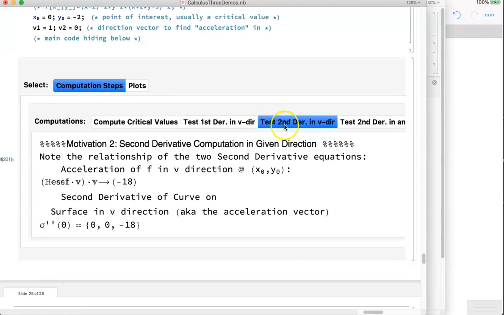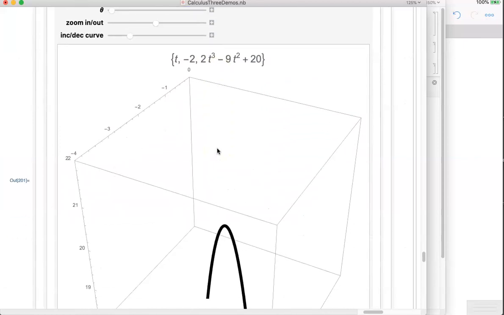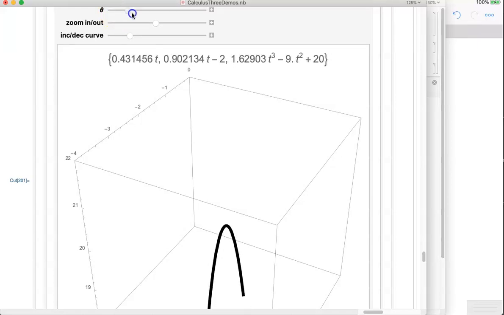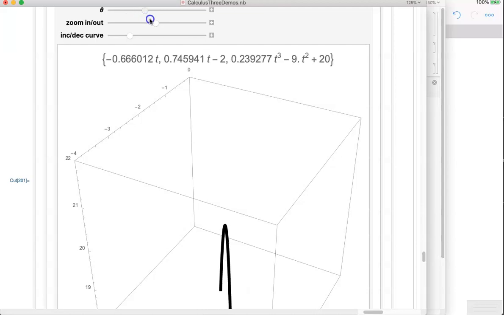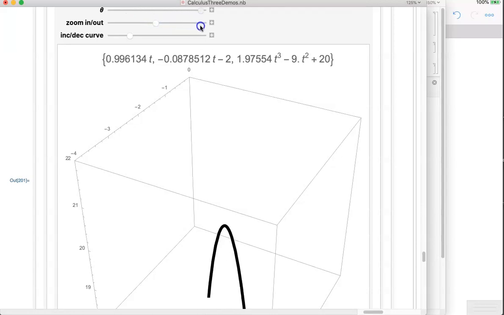So if we look at a plot, we can see here that in any possible direction, because fxx came out to be negative and D was positive, this function is going to open downward like a parabola in every direction.